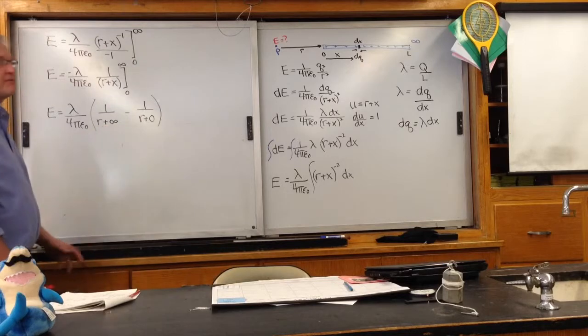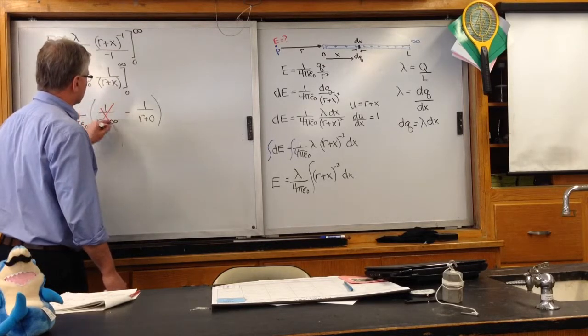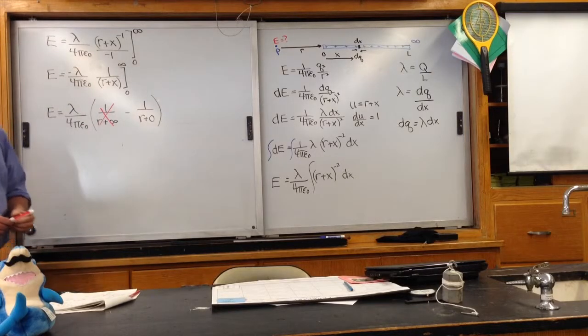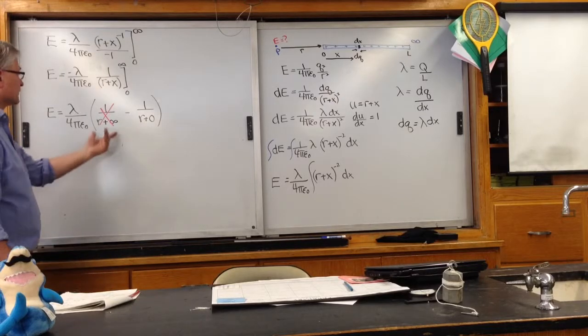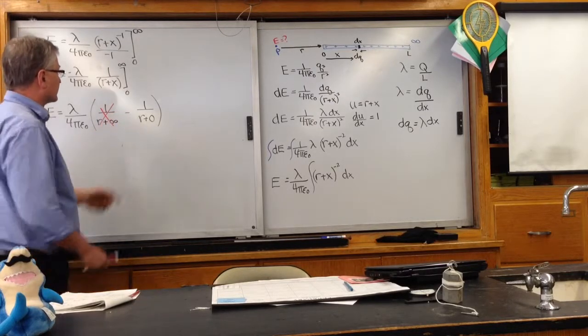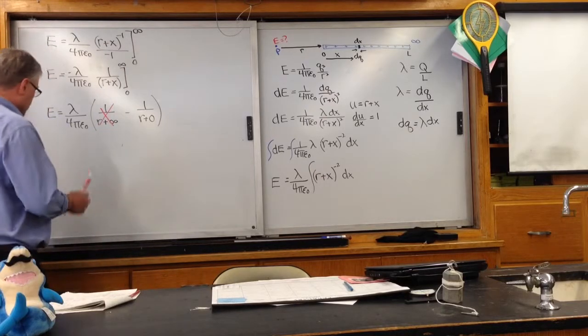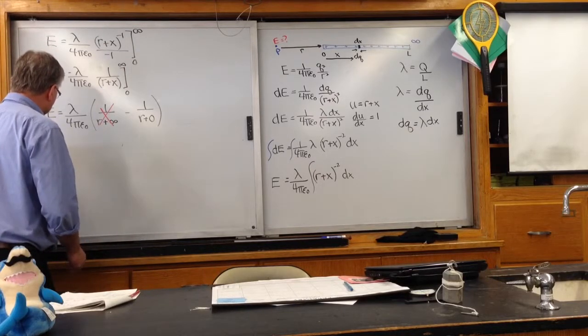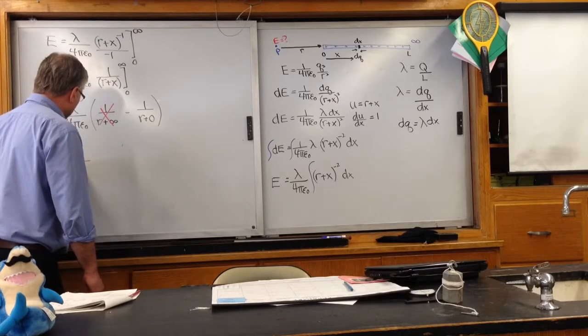If we have an infinitely large denominator, isn't this term going to actually approach 0? So we can basically negate that because this is going to be an extremely small number, infinitely small. So let's just call it 0. So we end up with this, and we end up basically with 1 over r. So let's clean it all up. So we end up with the electric field strength is going to be equal to lambda over 4 pi epsilon naught.